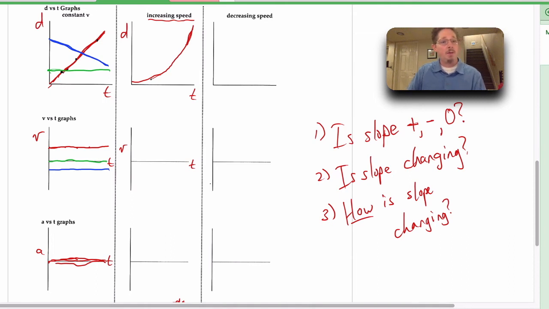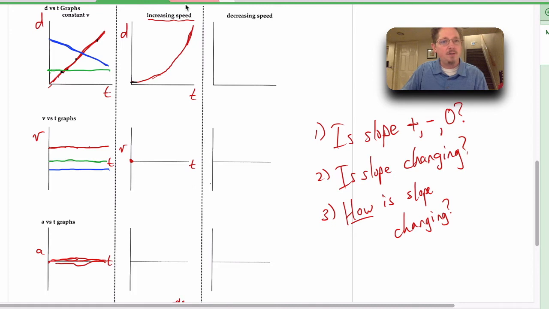And my important piece of advice here is look for where you have the most shallow or even the flattest slope and where you have the steepest. Where you have a flat slope, this one starts off with a flat slope, that means my velocity is zero.